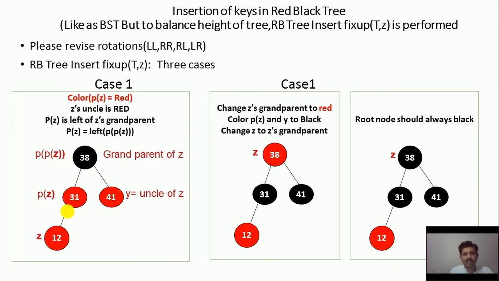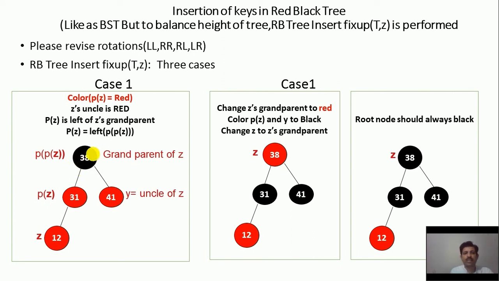Then we have to color the P of G and uncle black, make the grandparent red, and third, make the G node the grandparent.